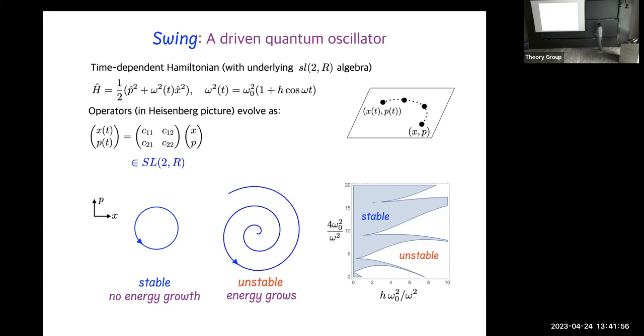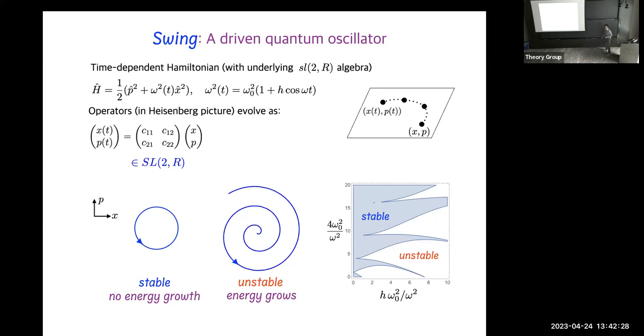For example, we can write down G1 equals P squared plus X squared, G2 is P squared minus X squared, and G3 is like Px plus Xp. So this Hamiltonian at different times doesn't commute, but they are generated by the three generators. Then the three generators span the SL2R algebra.